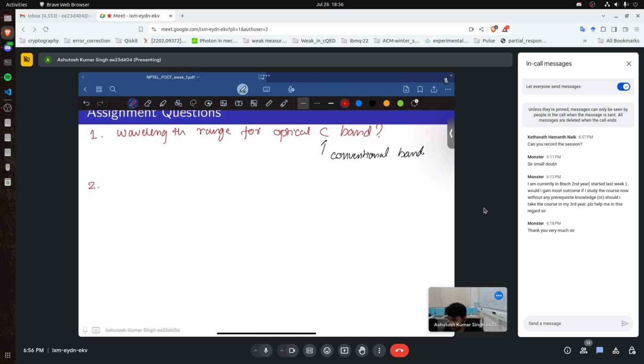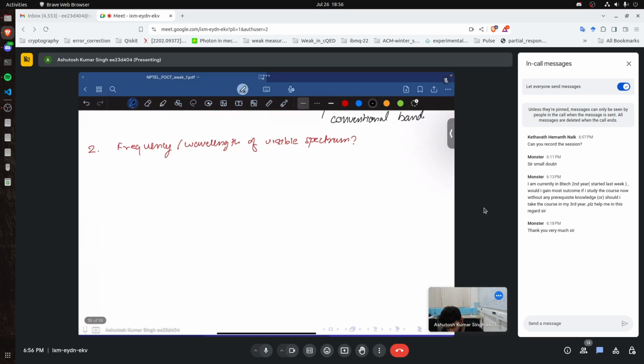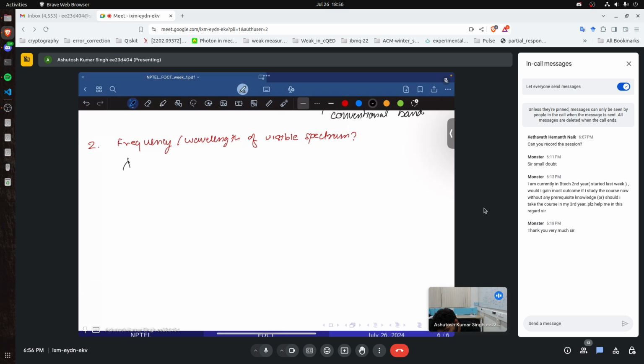Now the second question is, which of the frequency wavelength fall under the visible spectrum? To answer this question, we have to know a few things. The wavelength of visible light is between 300 to 700 nanometers.